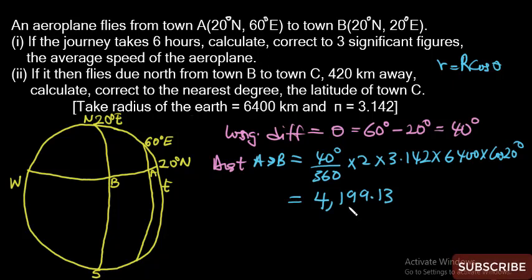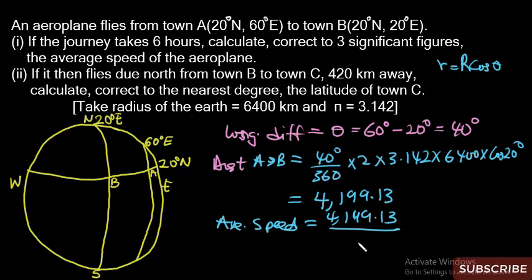The question says we should look for the average speed. Since we know the distance traveled, we can calculate the average speed, which is distance traveled, 4,199.13, divided by the time it took, 6 hours.